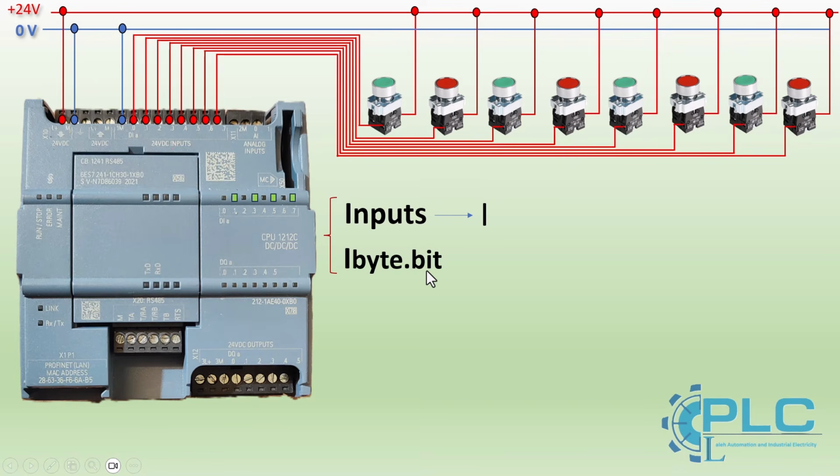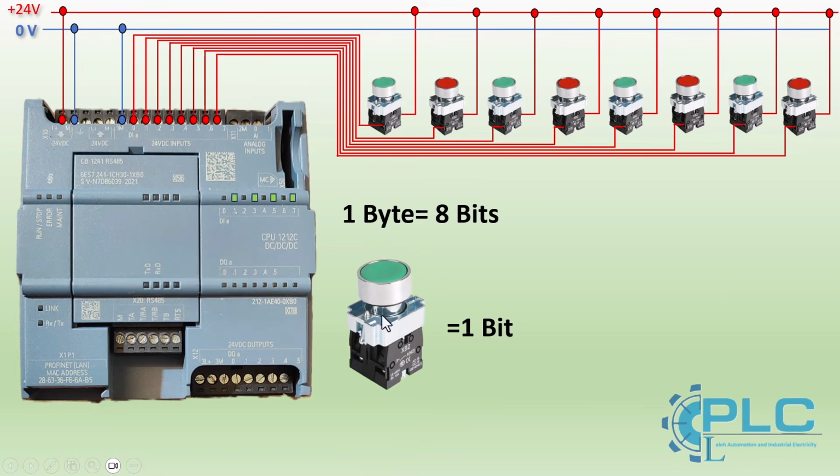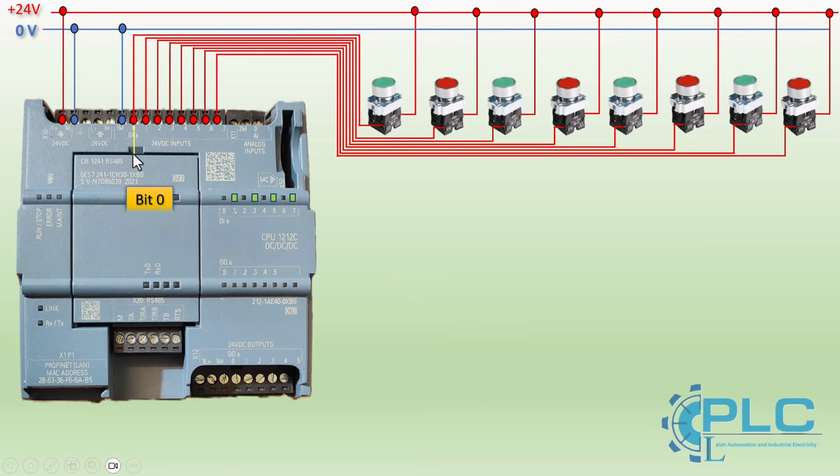Remember, 1 byte contains 8 bits. So, each digital input represents 1 bit. The first input is bit 0. The second is bit 1. And so on, up to bit 7. That means these 8 bits make up 1 byte.